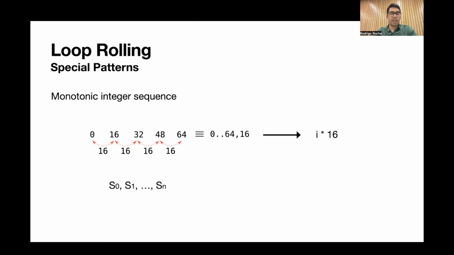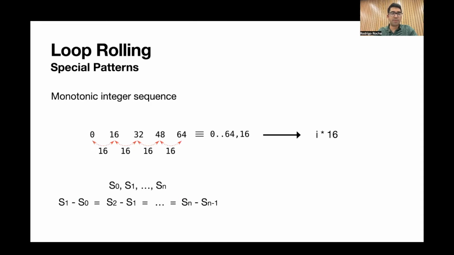In the general case, we'll have a sequence, for example, this one that starts with S0, then we have S1 up to Sn. The only restriction that we have is that this sequence must have the same difference between adjacent values. So S1 minus S0 must be the same as S2 minus S1, and so on.